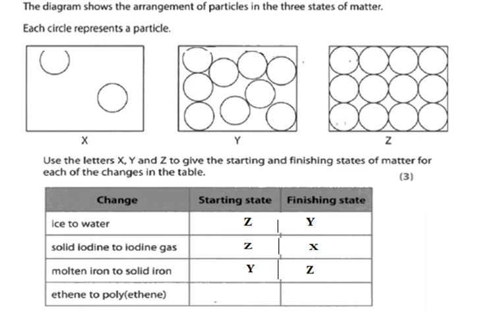Now, if we haven't done organic chemistry yet, ethene is a gas. It changes to polyethene. Polyethene is basically what we call plastic, so that's a solid. So changing from ethene, a gas, to polyethene, a solid, that is from X to Z.